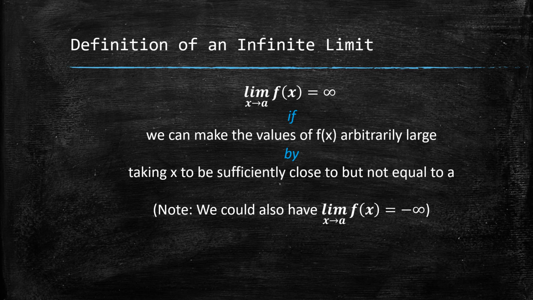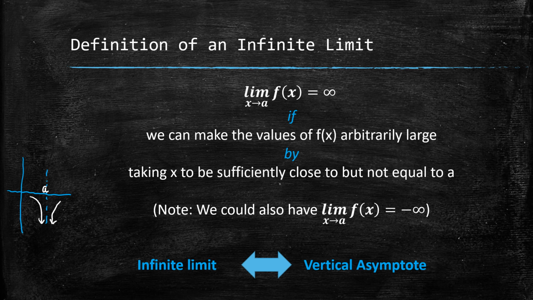And notice that the limit of a function could also be negative infinity, so we could have something like this, where we have a vertical asymptote at a, and the graph is tending down, so y is tending to negative infinity. What I want you to see is that when we do have an infinite limit, that's a sure indicator that we have a vertical asymptote present.